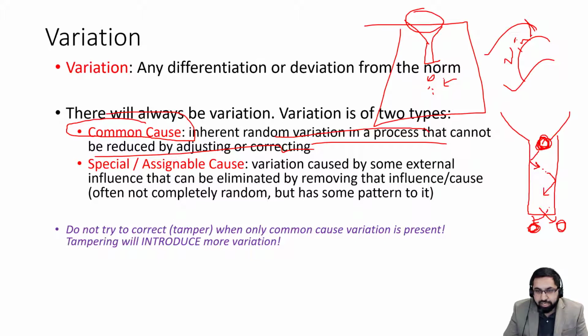Then special or assignable cause variation is caused by some external influence that can be eliminated by removing that influence. Often you cannot remove it. It's often not completely random, the special assignable cause variation. It has some pattern to it.